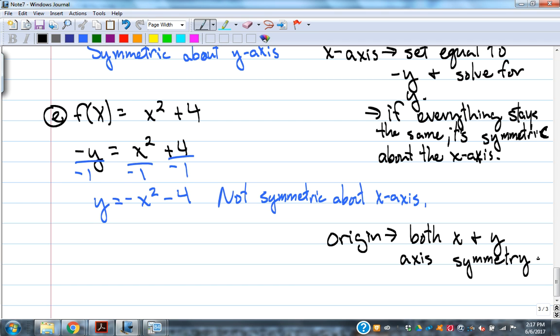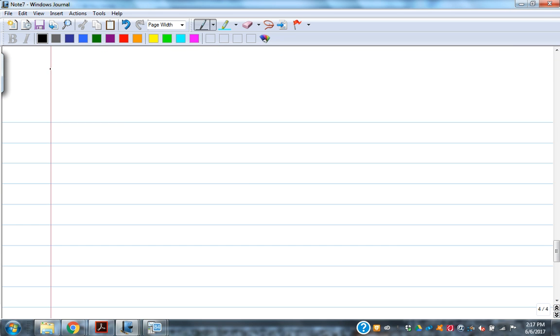If it is both x and y axis symmetric, then it has to be origin symmetric. If it is only one of them, then it's not origin symmetric. Okay, so we're going to look at an example that does both of those. Example F.